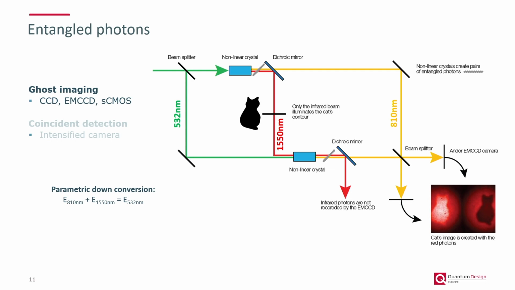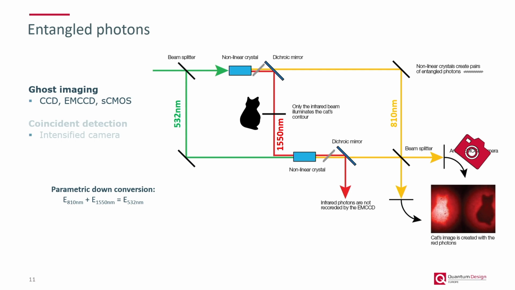That's shown in the center as a shape of a cat. This is the object of interest that should be examined in this setup. However, the camera that is used as the detector is completely insensitive for this light. The camera on the right side of the experiment can only see the yellow photon with 810 nanometers.